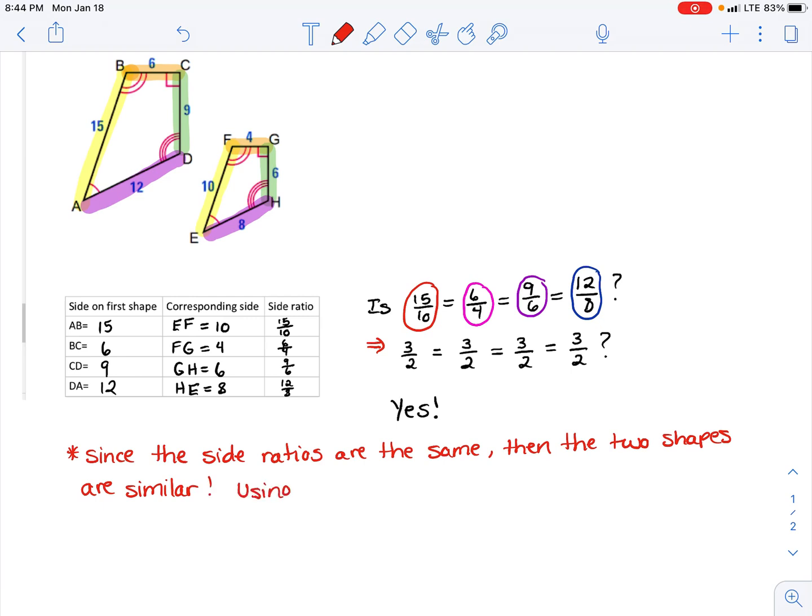Using math notation, we have that ABCD is similar to EFGH. Okay, and so this little squiggle means similar.